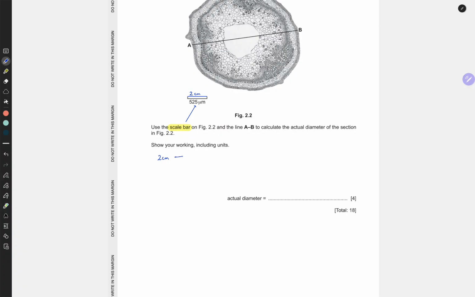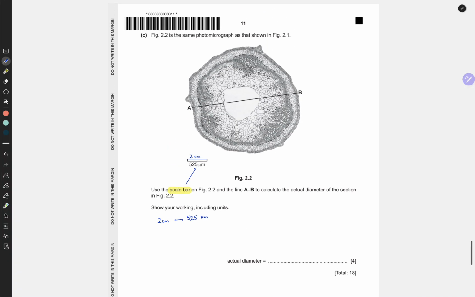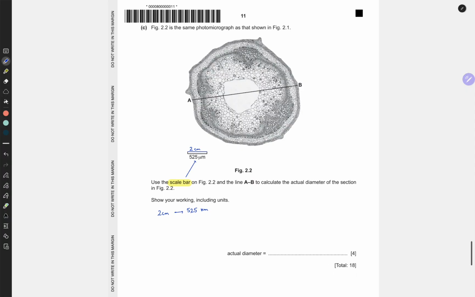So on the ruler, 2 centimeters are equal to 525 micrometers. Then you will take your ruler and place it on AB, starting from here to B, and calculate the distance of this line.